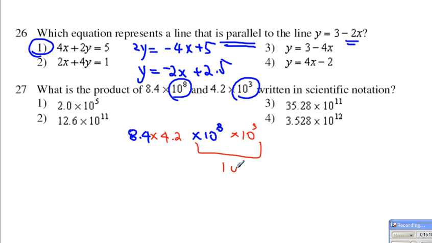So here we get 10 to the 11th power. But how about here? When you multiply these two values, it will be about 35.28. But the first number cannot be greater than 10, so we've got to move the decimal point, making this one into 12, which is choice number 4.